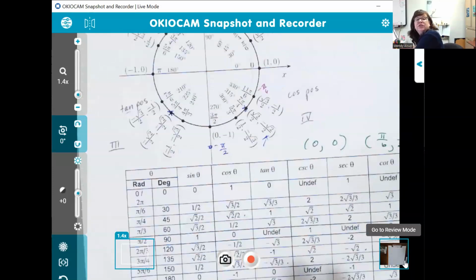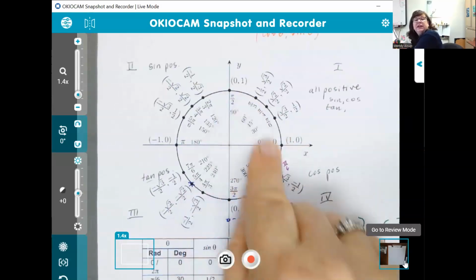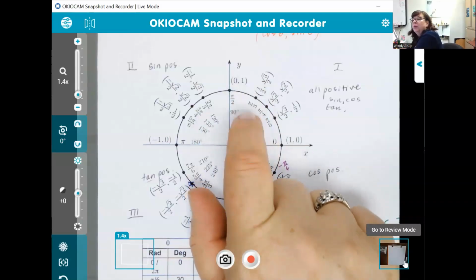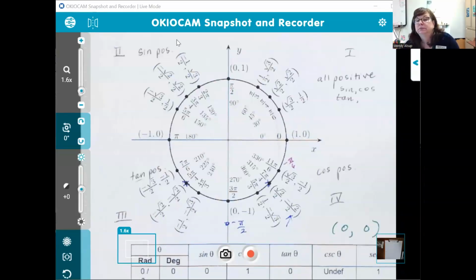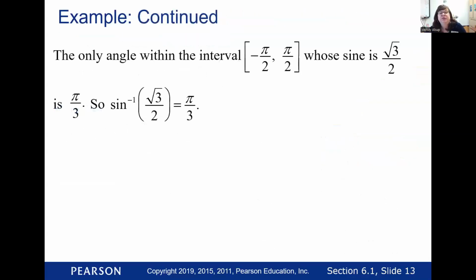Pi over 3 is in the part that I needed to be, but 2 pi over 3 is not. So my answer is pi over 3. Switch back to my other screen, and sure enough, after much explanation, you see there pi over 3.